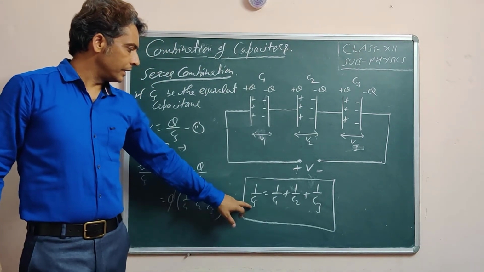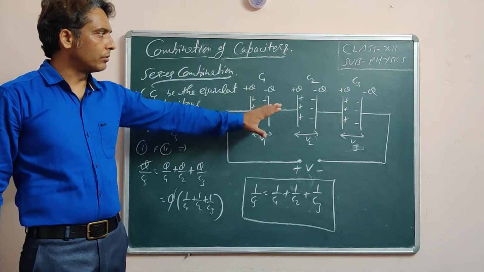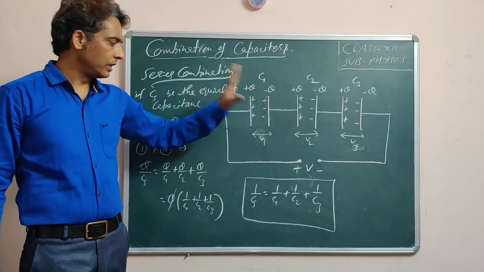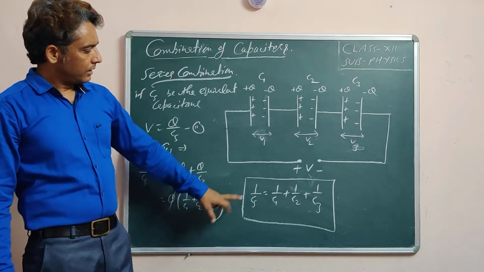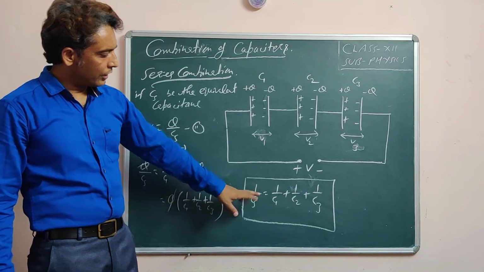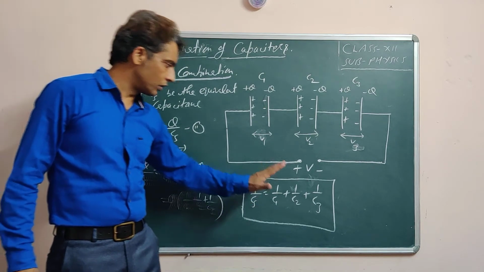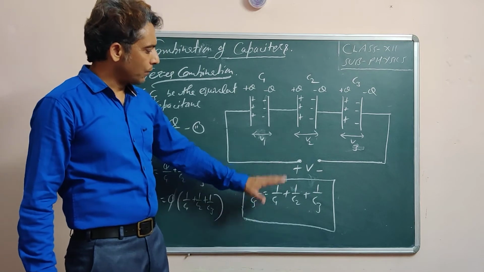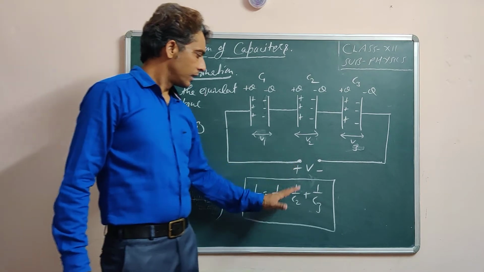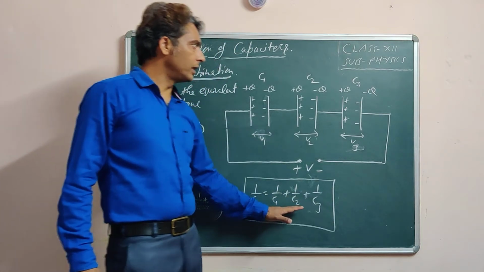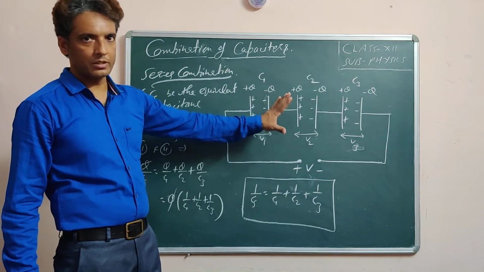Here this CS is the equivalent capacitance of this combination of the capacitors. So you can see that the reciprocal of equivalent capacitance is equal to the sum of reciprocal of individual capacitance of the different capacitors.